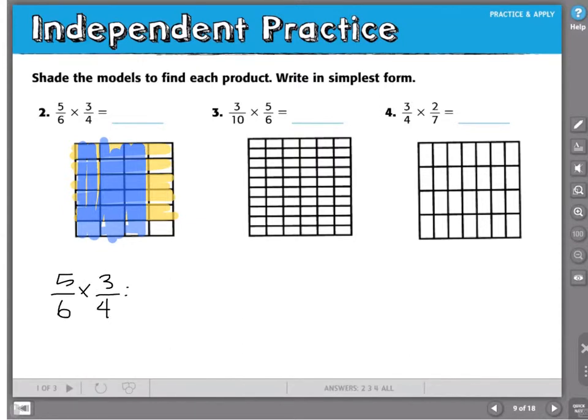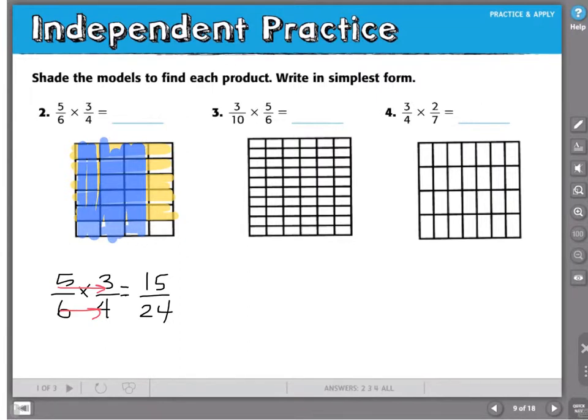3/4, if I simply multiply my numerators and my denominators, I will get 15/24. When I look at my model, that's exactly what I have.